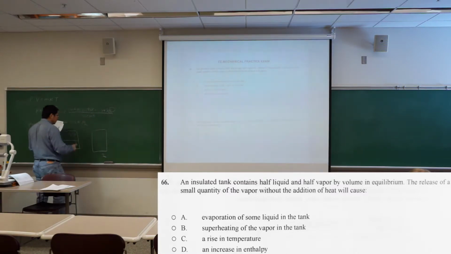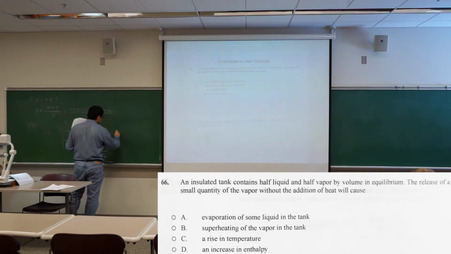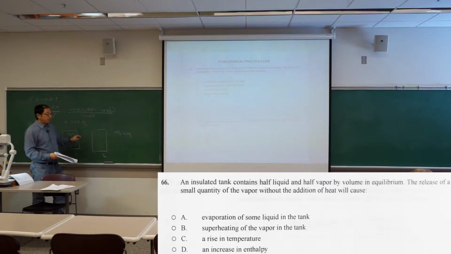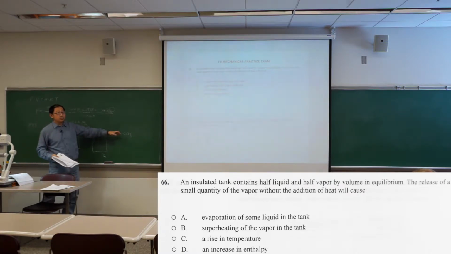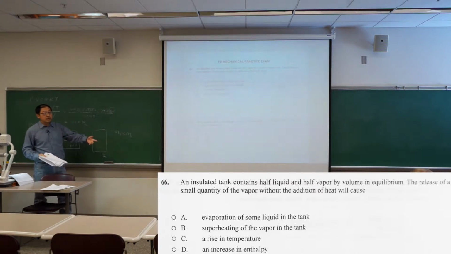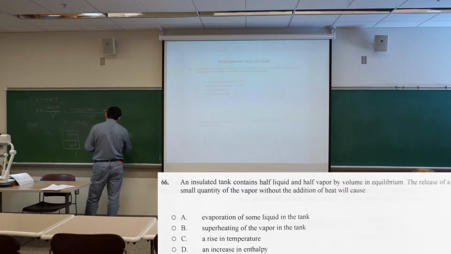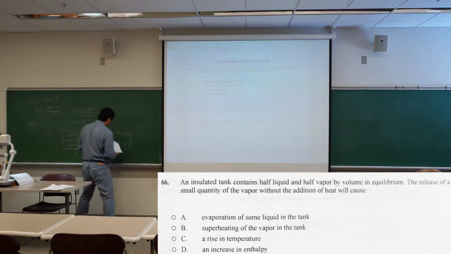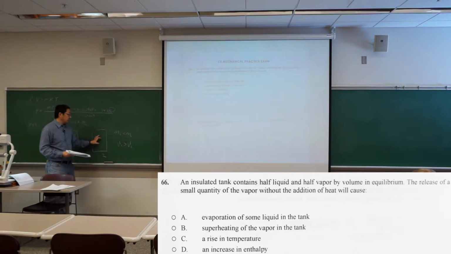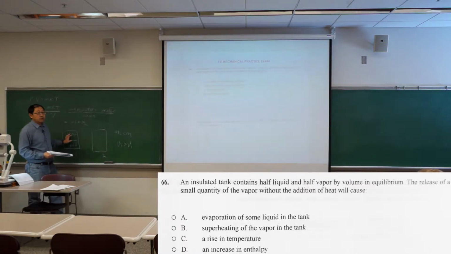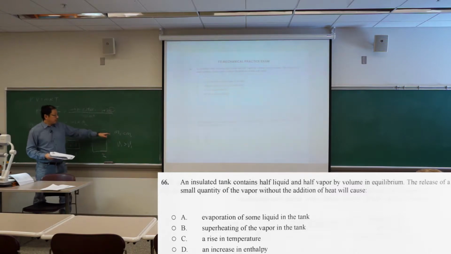This is the process. You do realize because some vapor escapes, the total mass is going to decrease. M2 is smaller than M1, right? And you do realize in the tank, the volume does not change. So basically, this tells us if we look at the specific volume, at the end state the specific volume will be larger, because volume does not change and mass decreased.